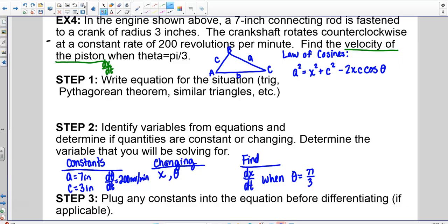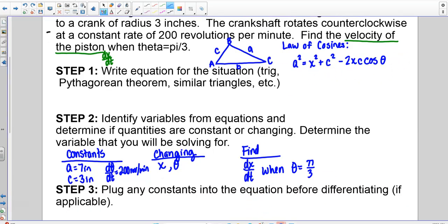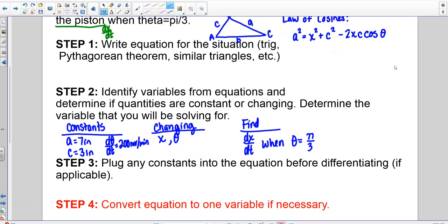Okay, everybody okay here? All right, so the good news is although this is a complicated equation, we have a lot of constants to plug in. So A is 7, so we've got 7 squared equals x squared plus C is 3, so we got 3 squared, minus 2x times C is 3, so that goes here, cosine of theta.